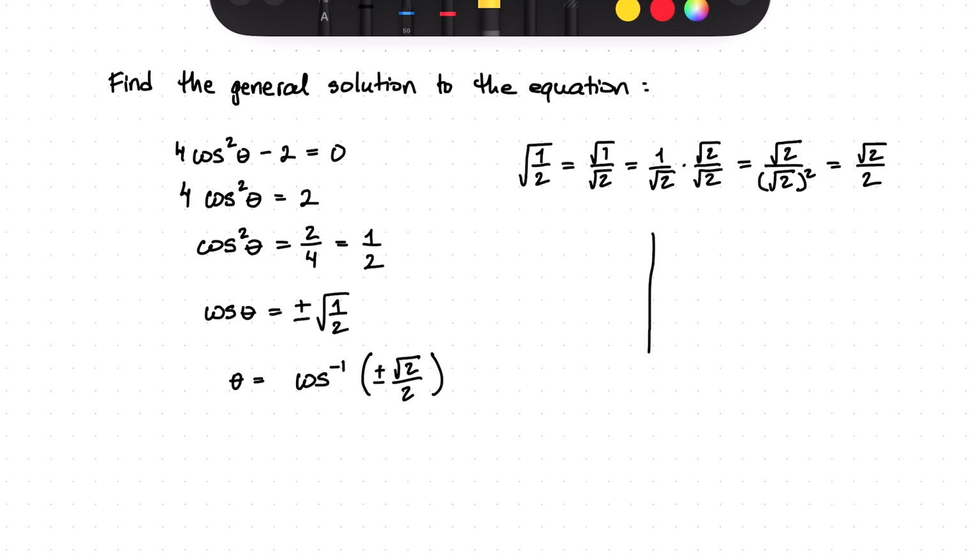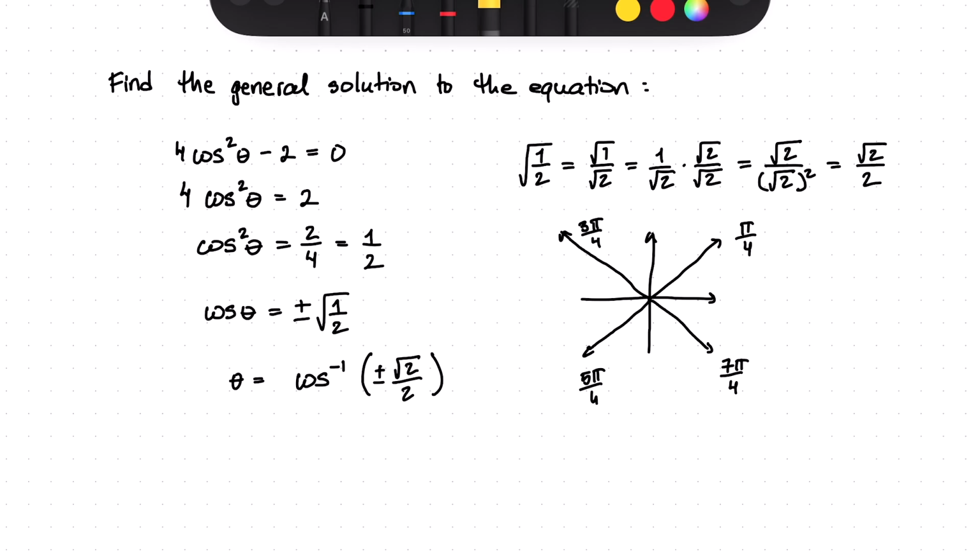But let's start with quadrant 1. Now we know that pi over 4 gives us the square root of 2 over 2. And we also know that 3 pi over 4 is also going to give us that number, but it's going to be negative. Now 5 pi over 4 is also going to give us that number, and it's also going to be negative because x values are negative in the second and third quadrant.